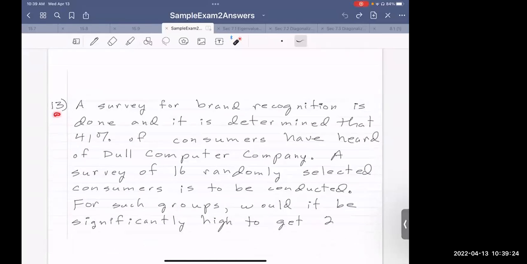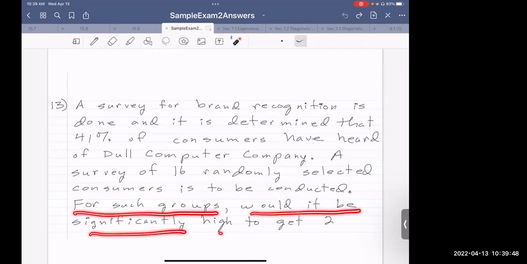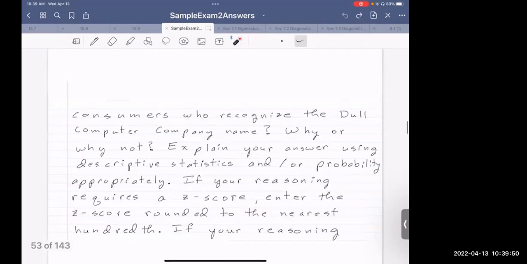Problem number 13. A survey for brand recognition is done, and it is determined that 41% of consumers have heard of Dell Computer Company. A survey of 16 randomly selected consumers is to be conducted. For each such group, would it be significantly high to get 2 consumers who recognize the Dell Computer Company name?